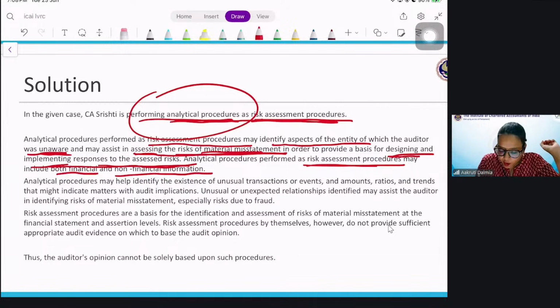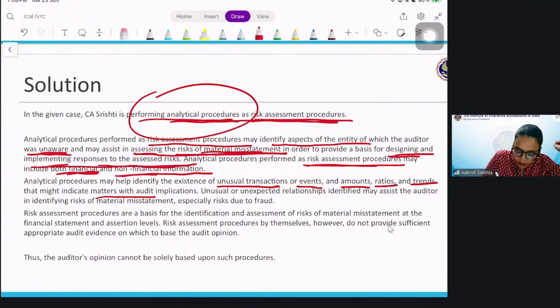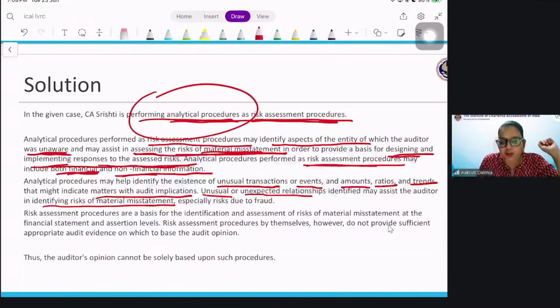Analytical procedure performed as risk assessment procedure may include both financial and non-financial information. Analytical procedure can help to identify existence of unusual transactions, events, amounts, ratios, trends that may indicate matters with audit implications. Unusual or unexpected relationship can help the auditor in identifying risk of material misstatement, especially risk due to fraud.